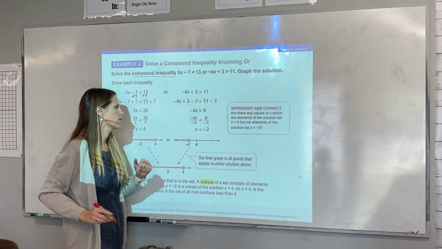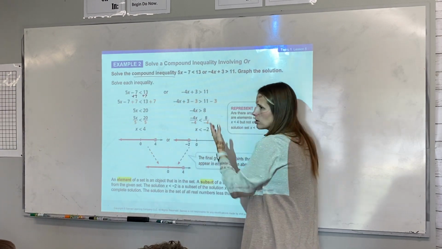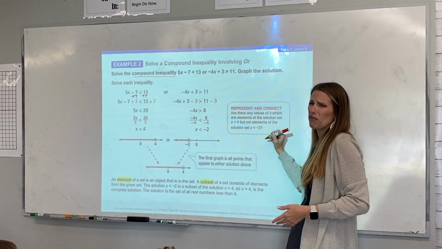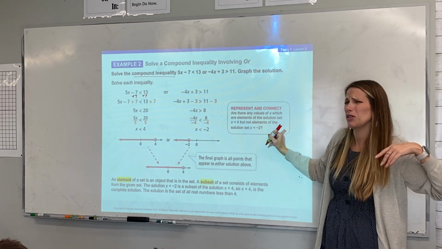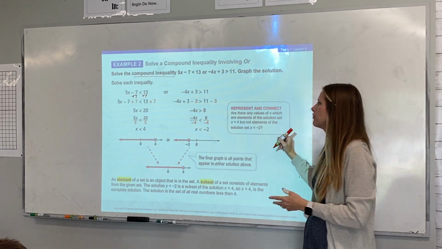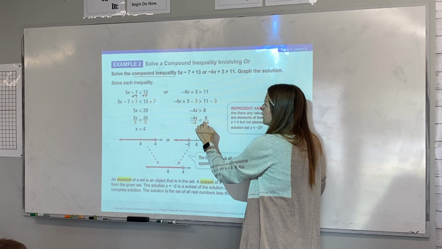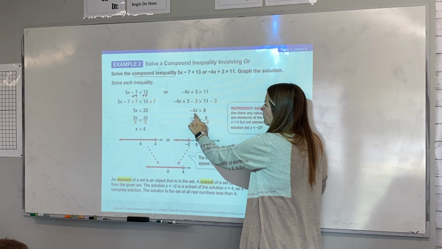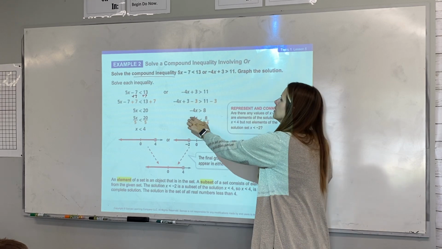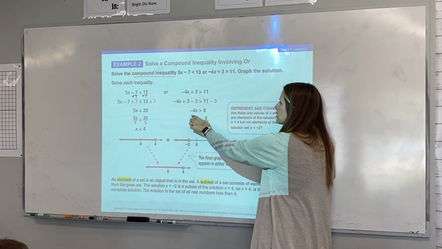Let's move over here. This is just another inequality. We don't have to combine like terms. We don't even have to deal with fractions. It's beautiful, okay? Minus 3 on both sides. You get negative 4x is greater than 8. Divide by -4, divide by -4.